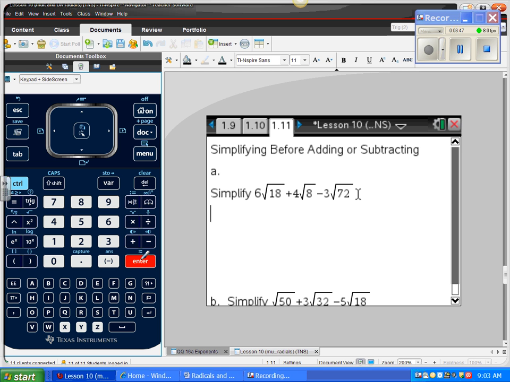So how are we going to break down square root of 18? 9 and 2. And radical 8? 4 and 2. What are you noticing that they're having in common? 2. So chances are this is going to also have a 2. 36 and 2. Very good. Your goal is to get that like radical if you can.